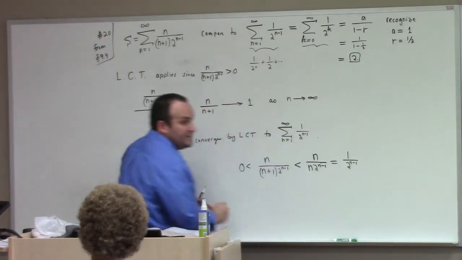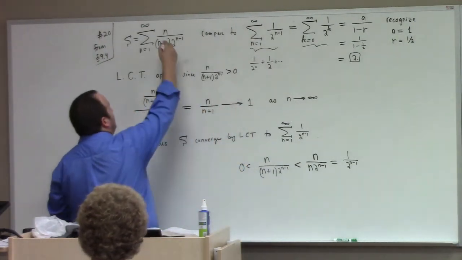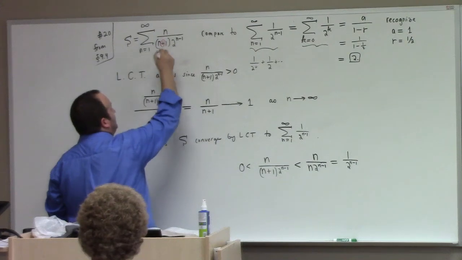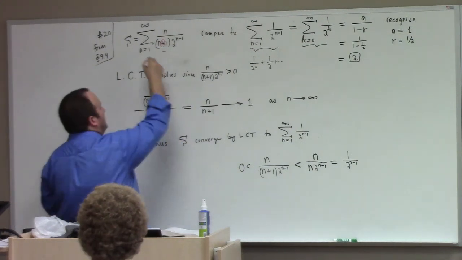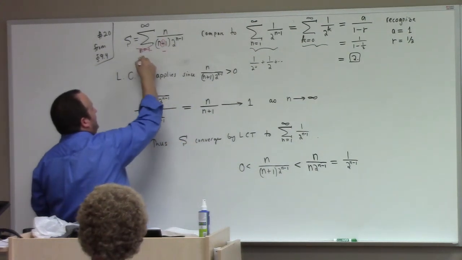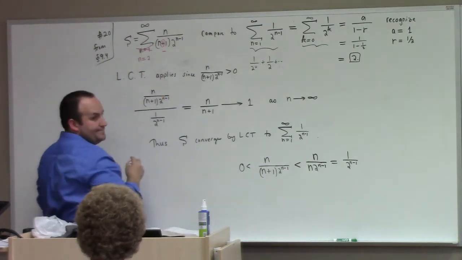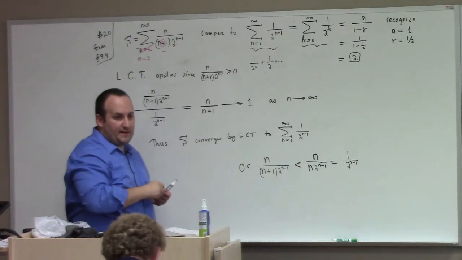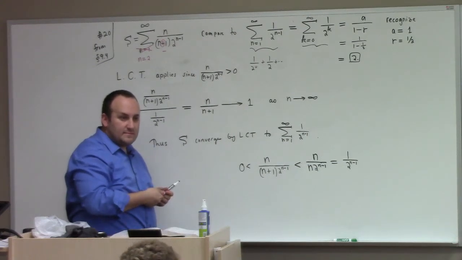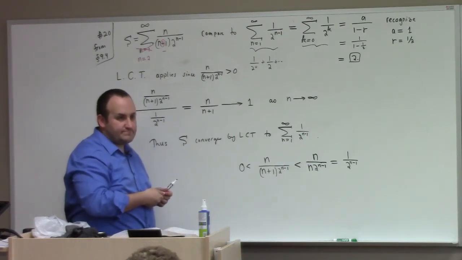I can throw a monkey wrench in your plans real easy. All I do is I take this plus and I make it a minus, and then I got to be careful to start this thing at like n equals 2 or whatever. And then I can't do direct comparison. And also, why was R 1/2?